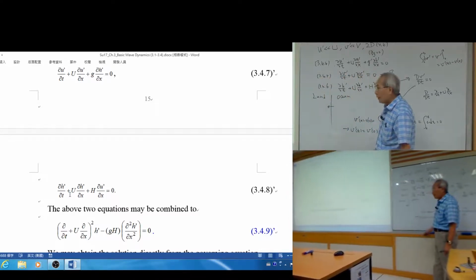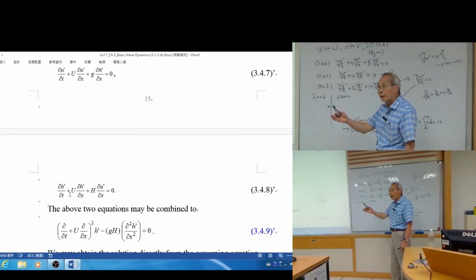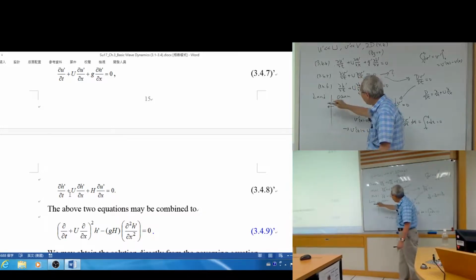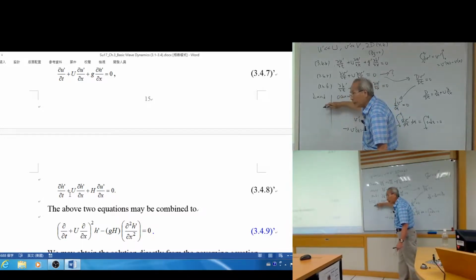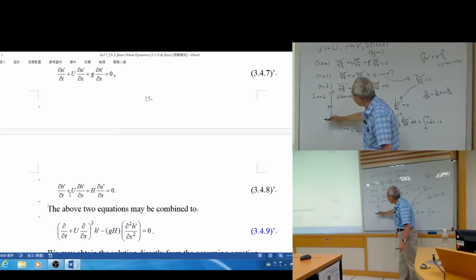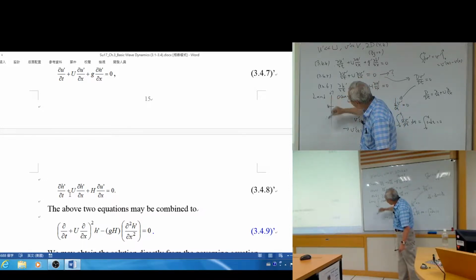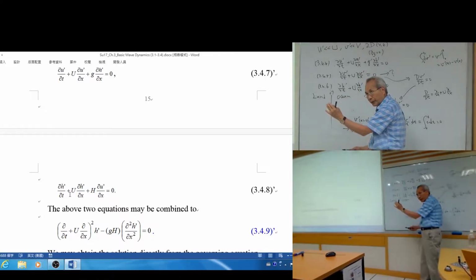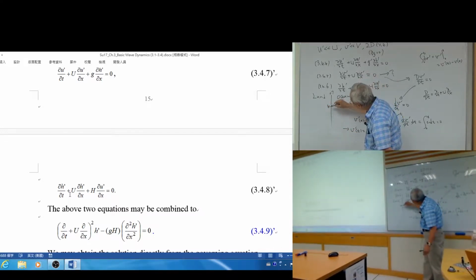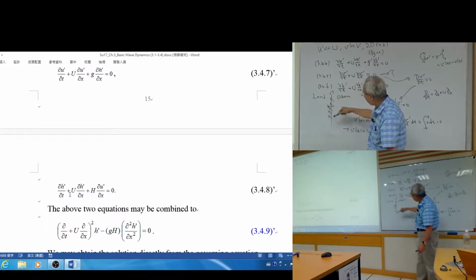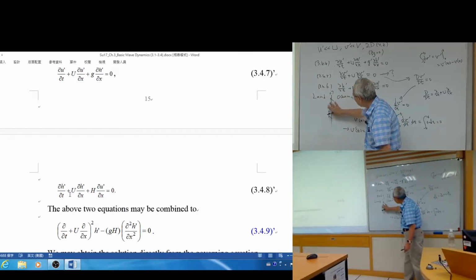If this is just 2D with no rotation, it just keeps coming in like this, so everything will be identical in the y direction. But if you have rotation, then you start to have deflection to the right. The wind will be going this way in the beginning, and eventually become like this. Do you understand what I'm talking about?